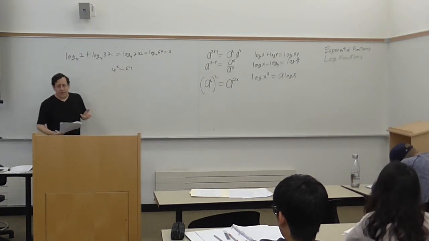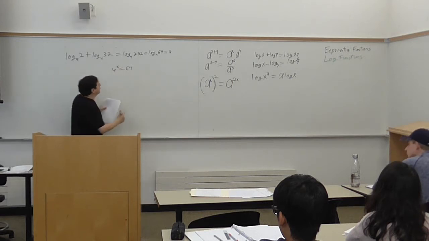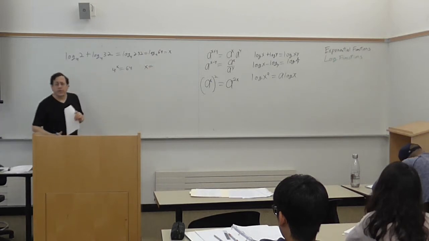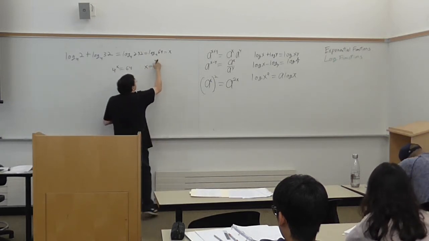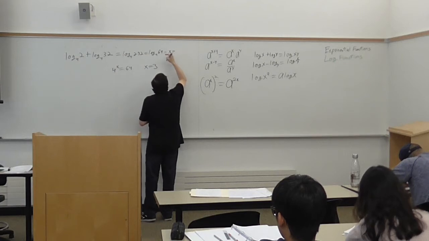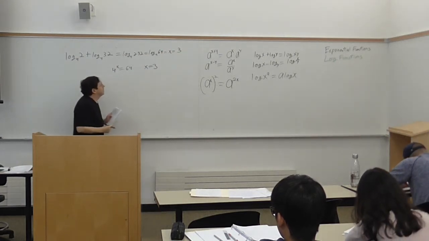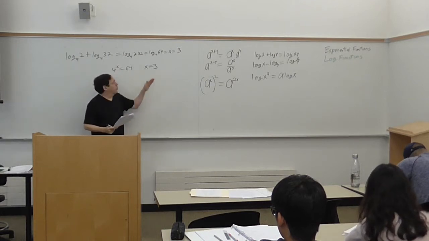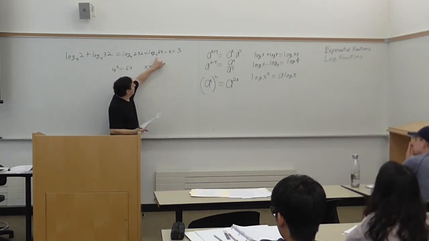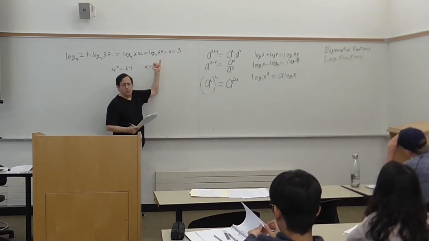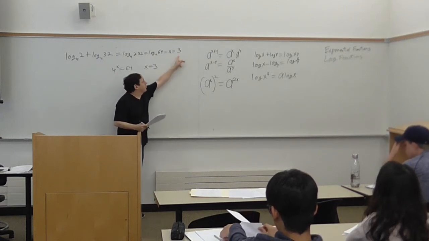That's what a log is, an exponent. So looking at this, what's x equal to? 3. So the log to the base 4 of 64 is just 3. You want to get to where you don't need this intermediate step. You just look and say, oh, log to the base 4 of 64. Well, 4 cubed is 64, so this is 3.